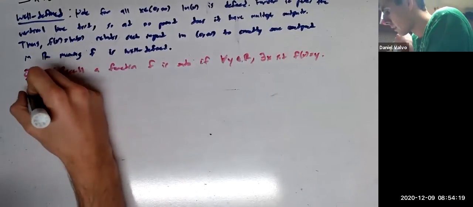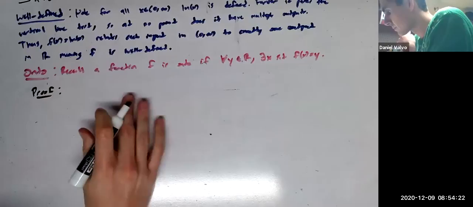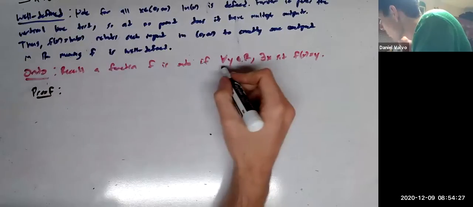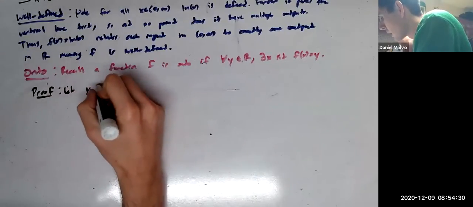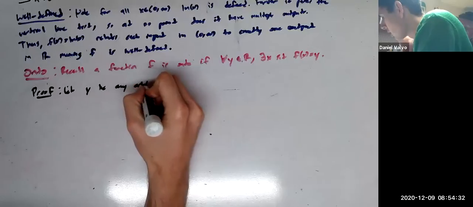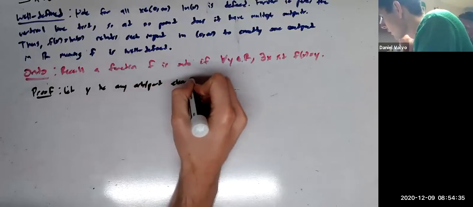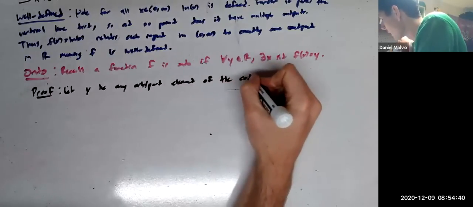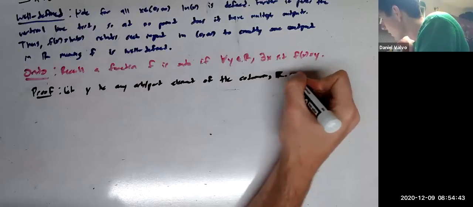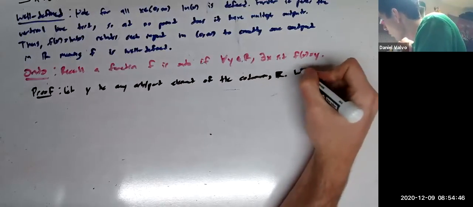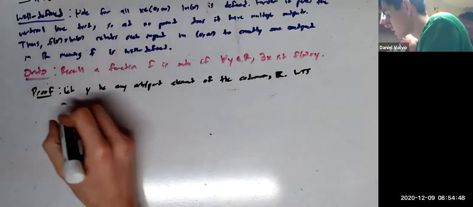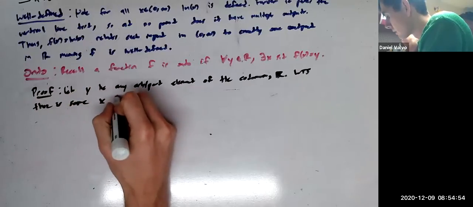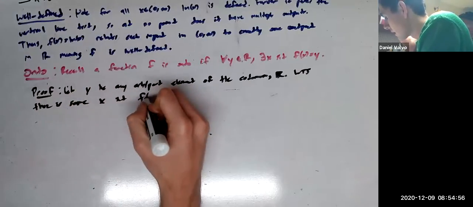All right, proof. Our proof goes like this. We want to prove a for all statement here. So we're going to let y be any arbitrary, particular element of the codomain, which here is R. Now we want to show that for all y in R, there is some x such that f of x equals y.